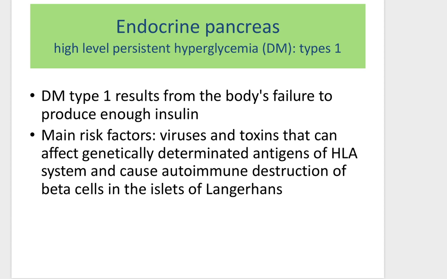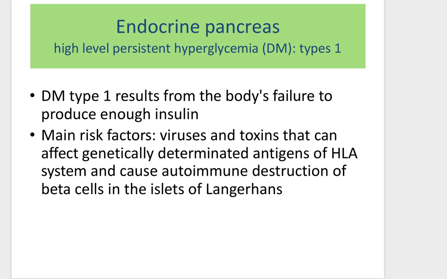High-level persistent hyperglycemia, yes, or diabetes mellitus. What about type 1 diabetes mellitus? You remember that there are 3 main types of diabetes: type 1, type 2, and gestational diabetes. In clinical practice, there are many more types of diabetes, but all of them you will learn in the endocrine course.